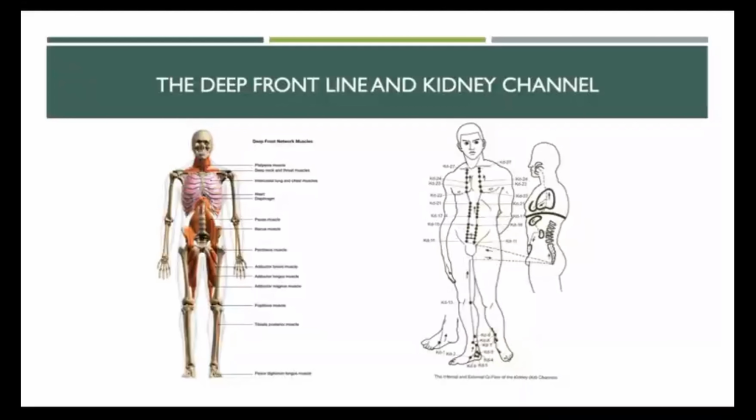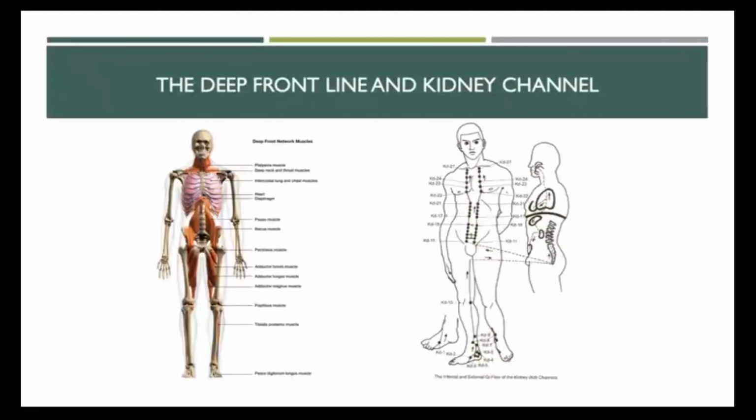And similarly, at the thigh, the kidney channel stays, because we're not looking at it from the point of view of a muscle. If we were looking at it from the point of view of a muscle, then it would be something like adductor longus that is traveling along. But that whole group is still a part of the deep front line.